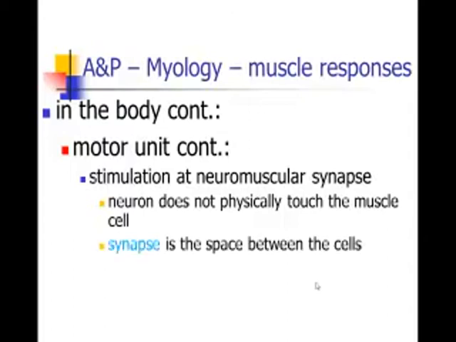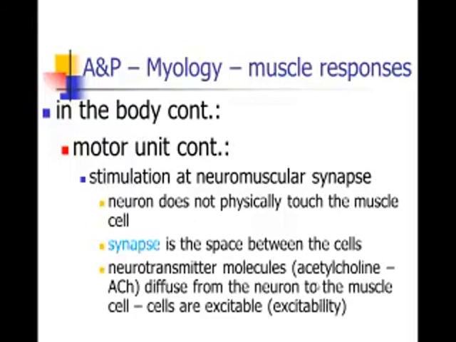Okay, so the synapse is the space between the cells, and neurotransmitter molecules, acetylcholine molecules, diffuse from the neuron to the muscle cell. These acetylcholine molecules are contained in vesicles within the neuron in the axon terminal. And when the neuron has an action potential, those vesicles move to the neuron cell membrane.